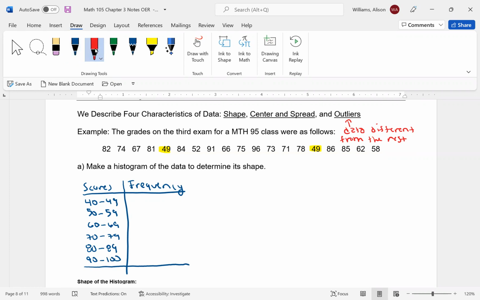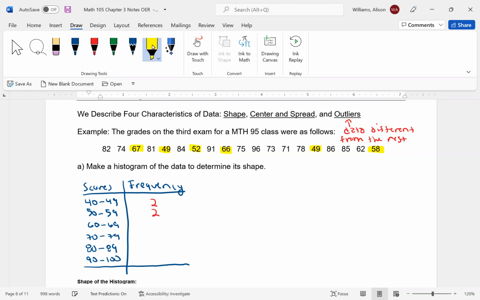All right, so I'm going to count them out. Looks like we have 2 in the 40s. And then let's see, there's 50s. Let's see. Oh, yeah. Okay. So here, 52 is 1. And then 58. That looks like that's it. 60s.